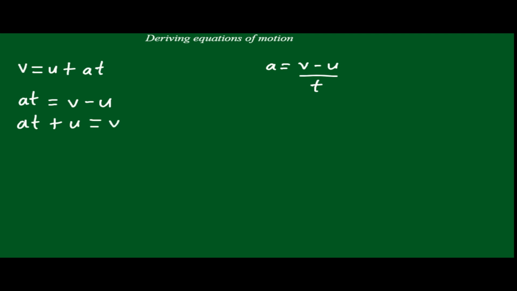We just rearrange to match the given scenario, so v is equal to u plus at. Basically that's how we derive that equation of motion. You just need to know the definition of acceleration, and then from there you make v subject of formula.